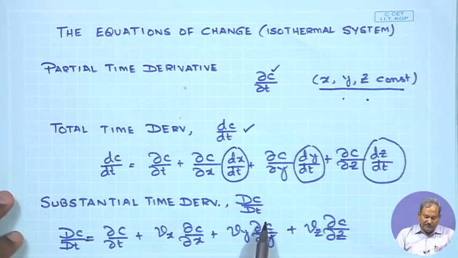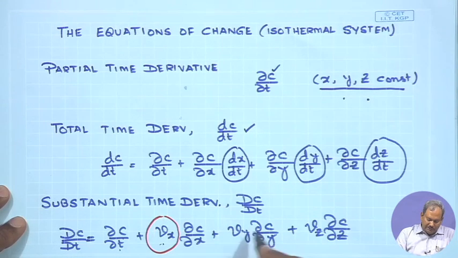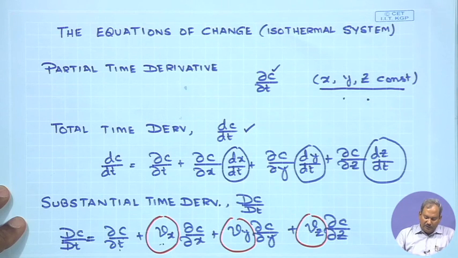In essence, it is a derivative following the motion of the fluid, and it is expressed as del c del t plus Vx times del c del x, plus Vy times del c del y, plus Vz times del c del z, where Vx, Vy and Vz are the velocities of the fluid at that point, at that instant of time.